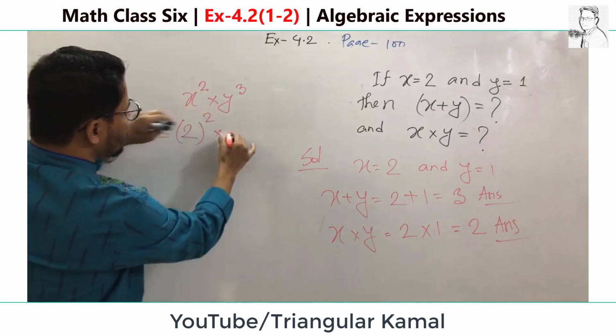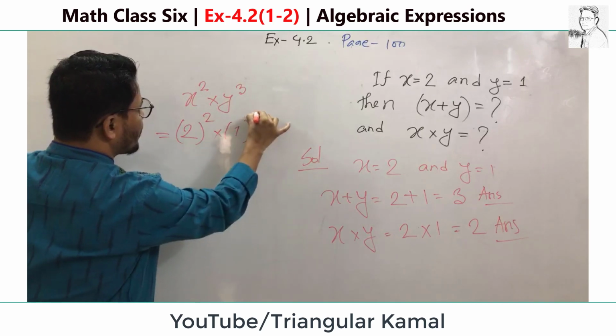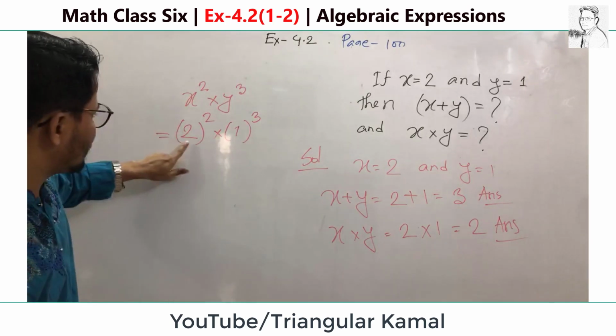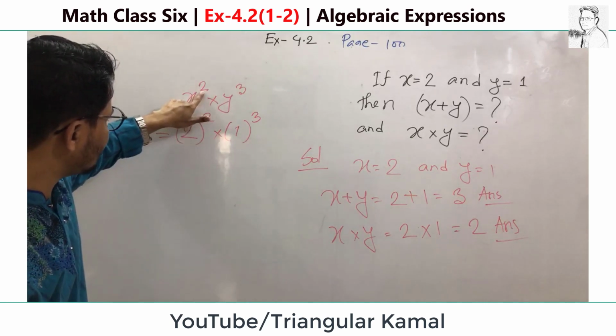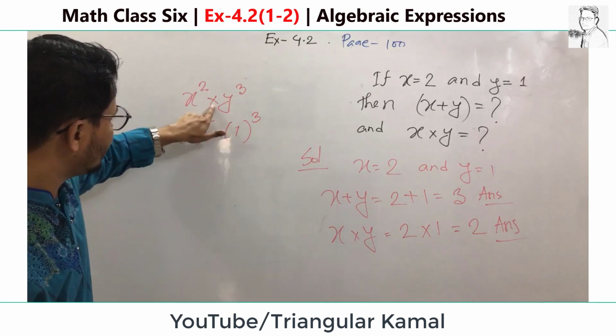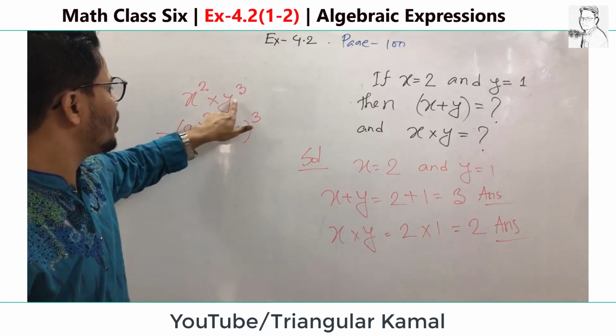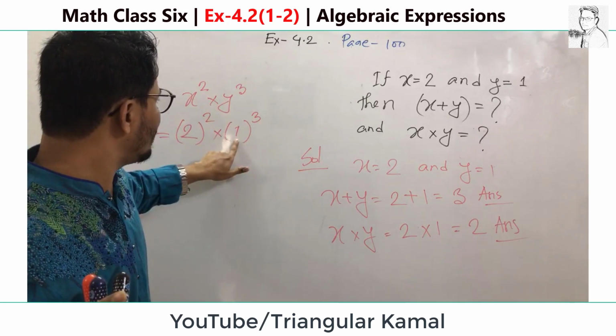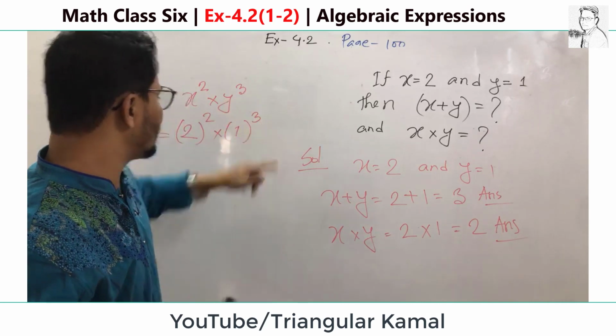Multiply with y equals to 1 and the y cube. Attention again. The value of x equal to 2, this index remain the same. This is the multiplication symbol. Y equal 1, and y cube remain the same.